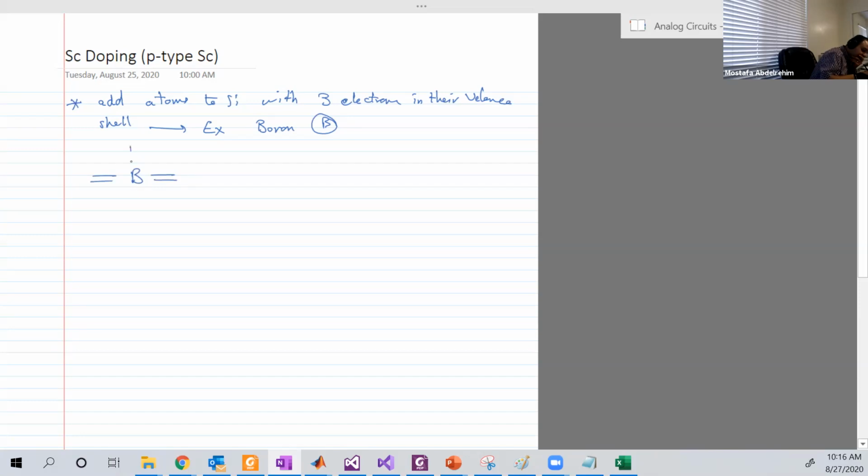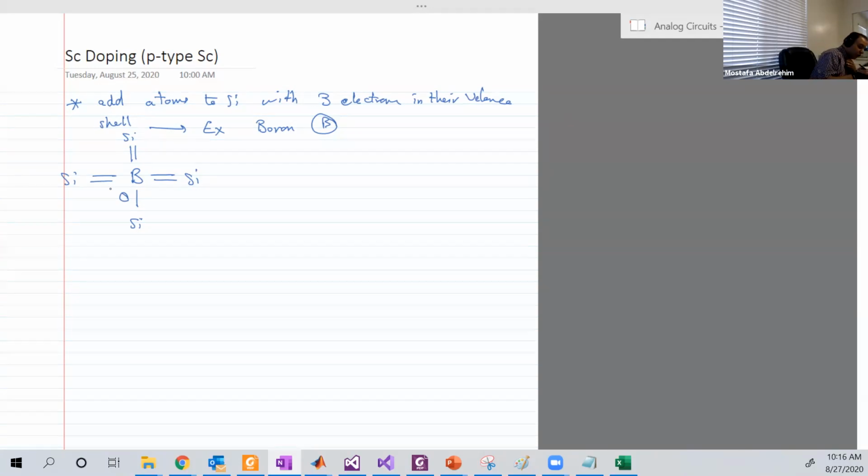We will have something like this. Very interesting. So silicon here, silicon here, silicon here, and silicon here. Since this guy has only 3 electrons, one of the bonds will be incomplete. There will be a hole there. So we created a hole.